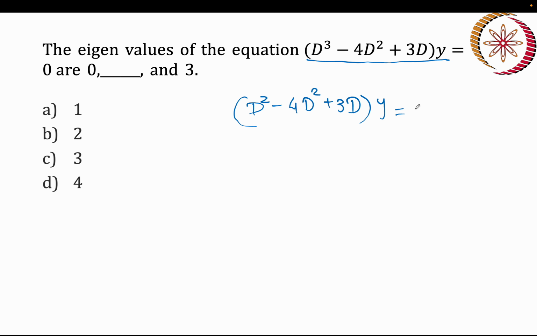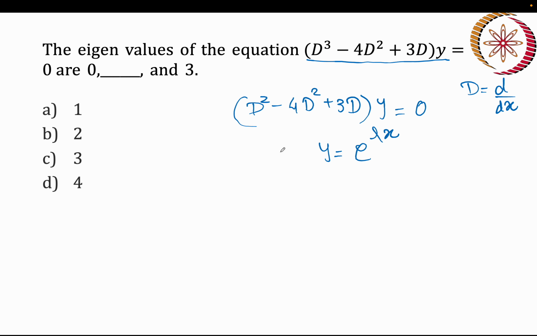Basically we are trying to solve the characteristic equation, where we'll substitute y equal to e raised to lambda x, and D means the operator d by dx.